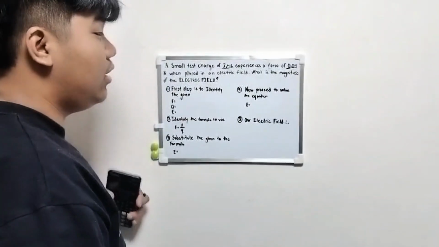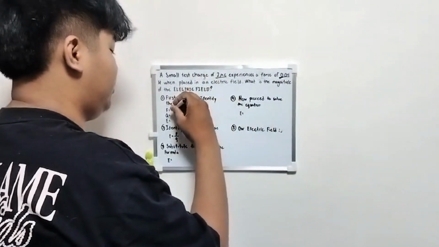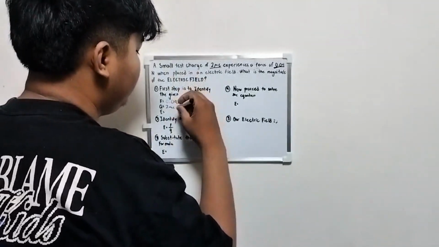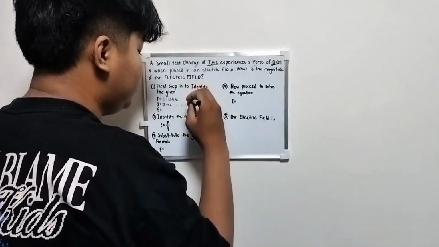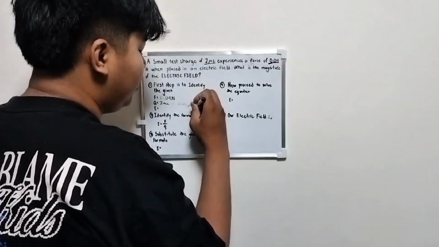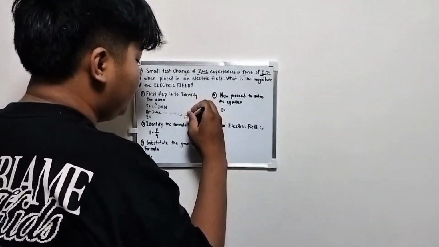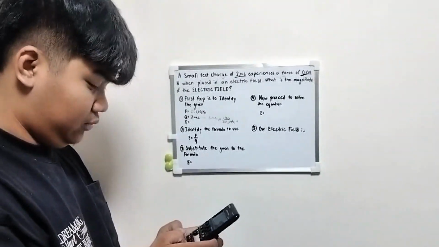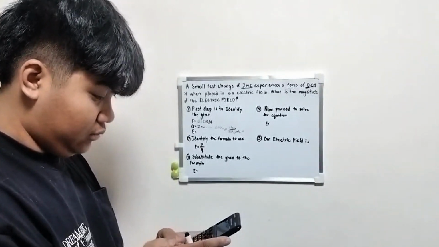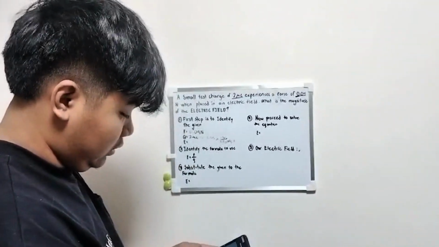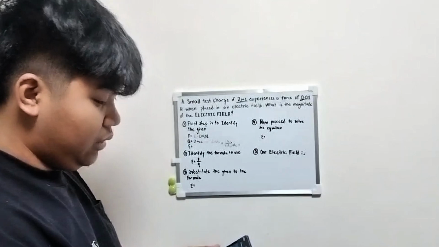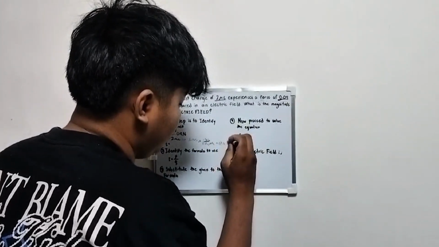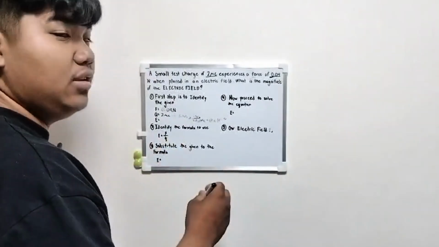Our first step is to identify the given. Our given in this problem is 0.04 newton for our electric force, while 2 microcoulombs for our charge, which will be converted into coulombs like this: 2 microcoulombs times 1 coulomb over 1.0 times 10 raised to 6 microcoulombs, which is equal to 2 times 10 raised to negative 6 coulombs. Now, our E is the required.